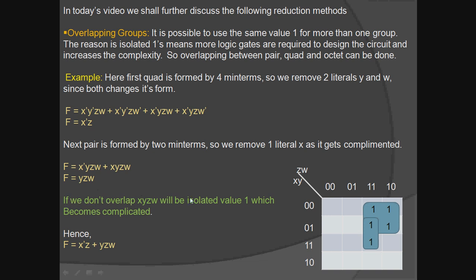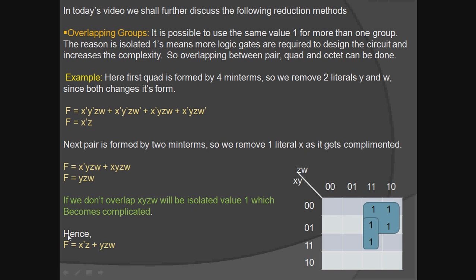As I have explained here, if we don't overlap this, then this one, x y z w, will be isolated with value 1, which becomes complicated while designing the logic circuit. So as much as possible we have to pair the isolated ones with a different group, right?